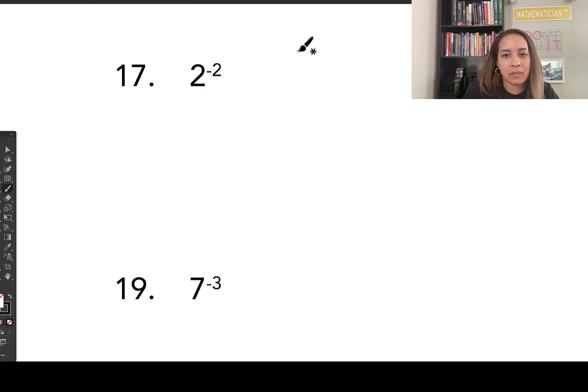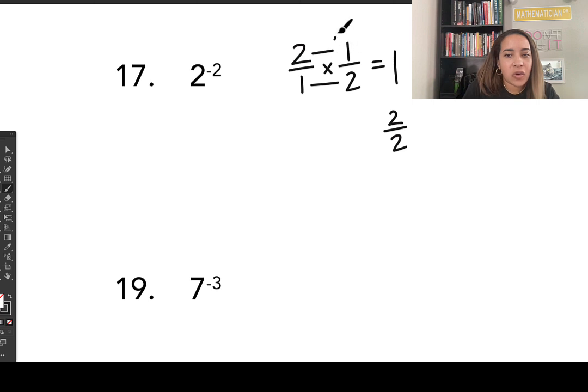I would need to multiply 2, which is the same as 2 over 1, times 1/2 to get 1. We can see 2 times 1 gives us 2, and then 1 times 2 gives us 2, which is equal to 1. So 1/2 is the reciprocal of 2.